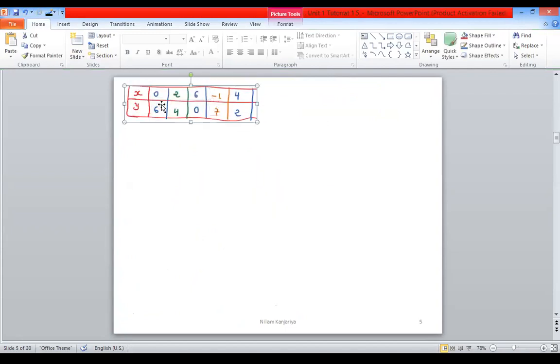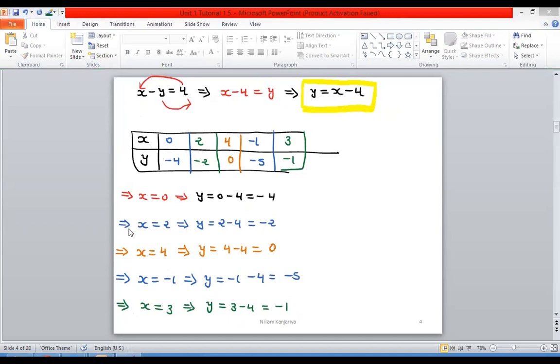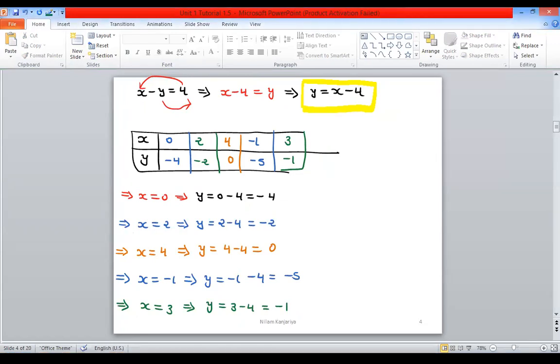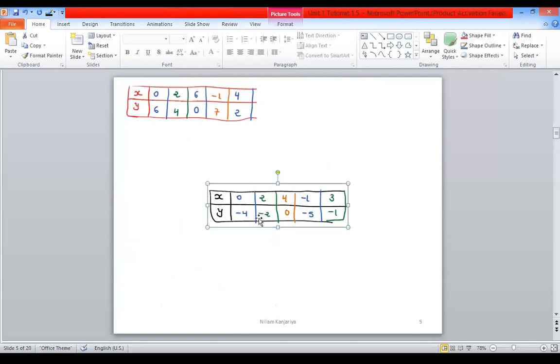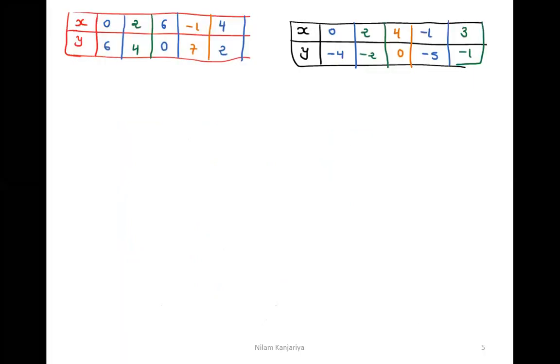This is your first equation, and this is your second. I take the screenshot. Yes, these are these two. So what we can do, look here.